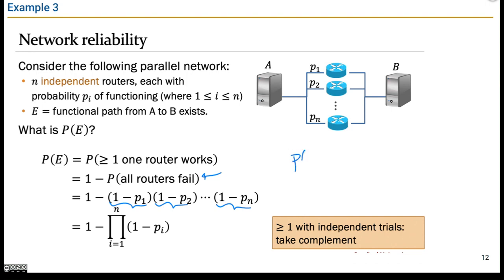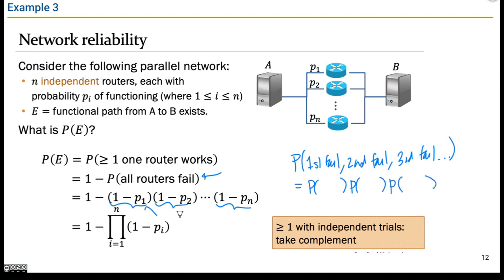The probability you want to think of, first fail and second fail and third fail is the product of each of those probabilities. And that's what we're showing because they're independent. That's what I'm showing right here. And then this is just fancy math notation for saying take the product of everything that's inside here.